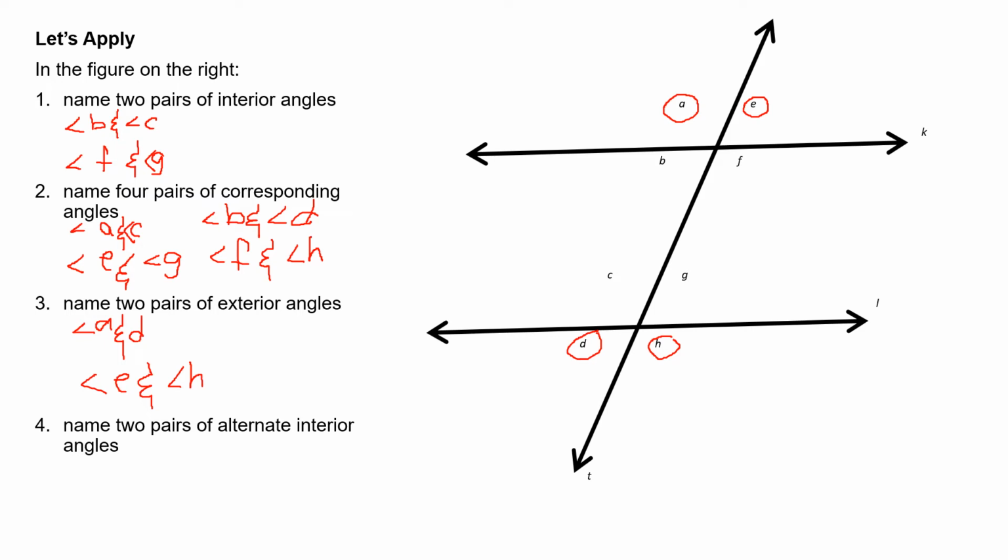And then for number 4, we have name two pairs of alternate interior angles. So, we have alternate angles.